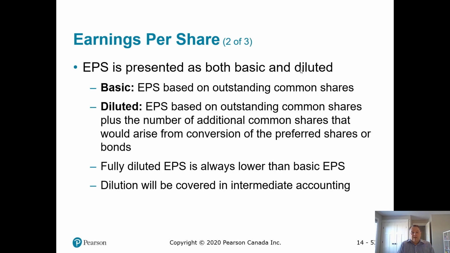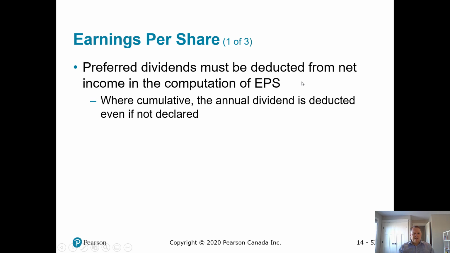In other words, if we had all those common shares outstanding, even though they hadn't been issued. Well, that's something called diluted earnings per share. It's always going to be lower than basic earnings per share. And you're going to catch that actually in the next course.